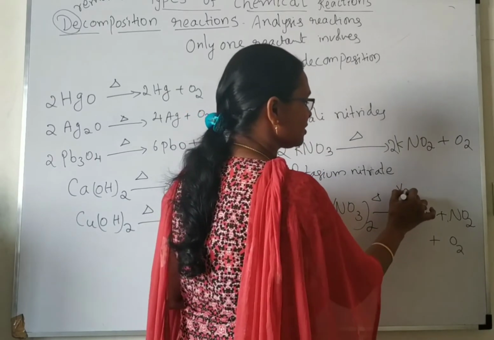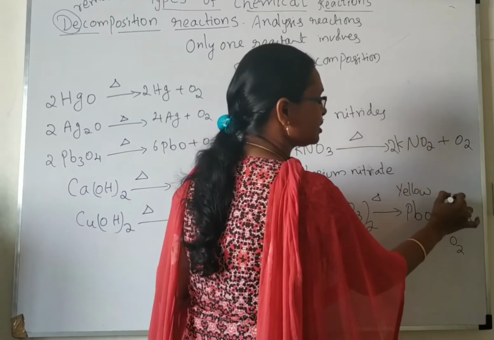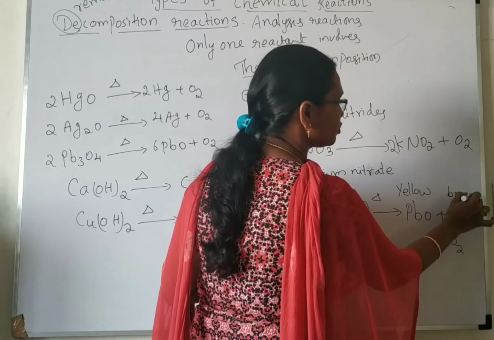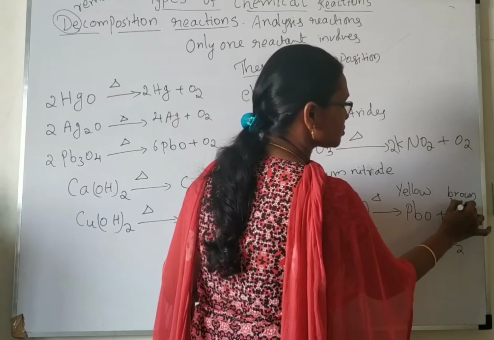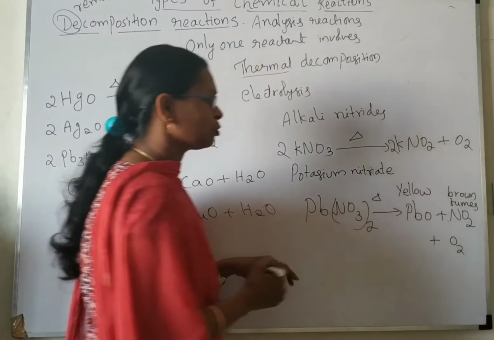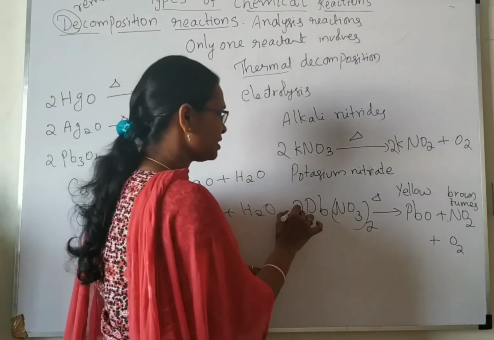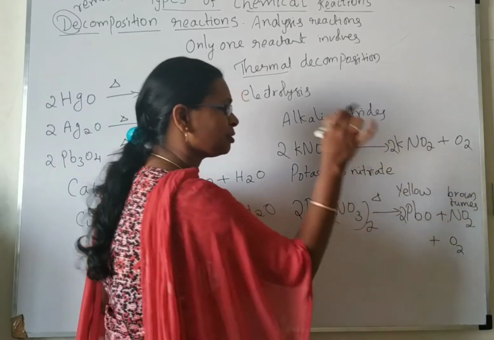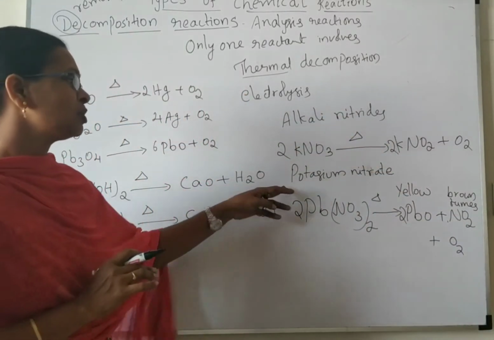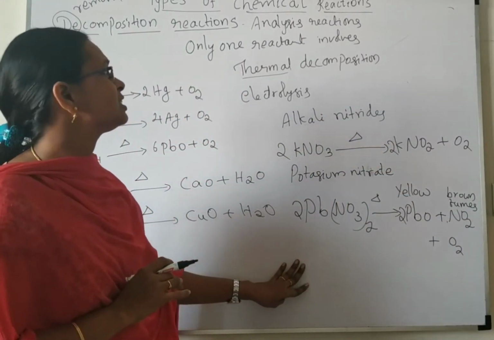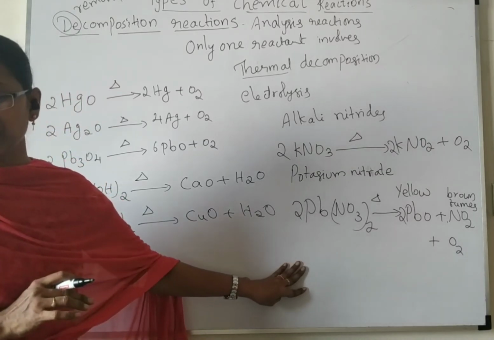This lead oxide gives a yellow color, and nitrogen dioxide gives brown fumes. Brown fumes it will give. To balance this, 2 Pb(NO3)2 gives 2 PbO. Okay, so now this is how we can write the thermal decomposition reactions.